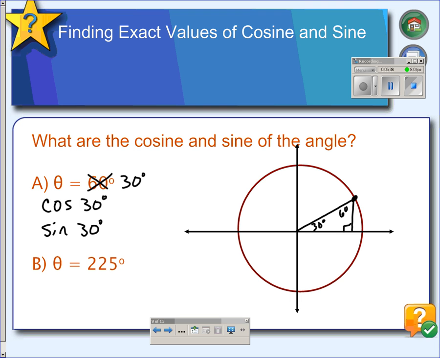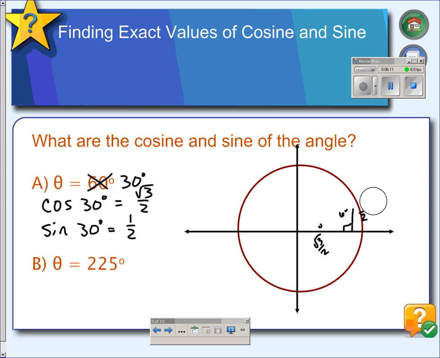We know that the hypotenuse is 1, and so the short side over here is 1/2 of the hypotenuse, and the longest leg is √3/2, as I showed you earlier using the special triangles. So the cosine of 30 would be the x value here, which is √3/2, and the sine would be the y value, which is 1/2.